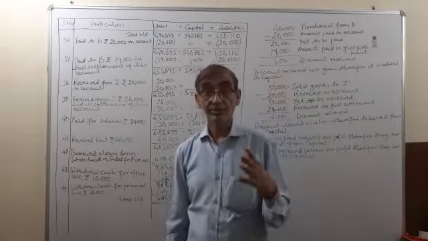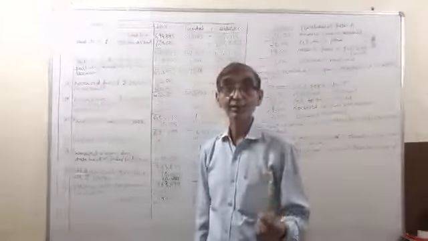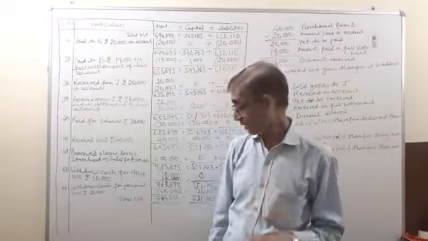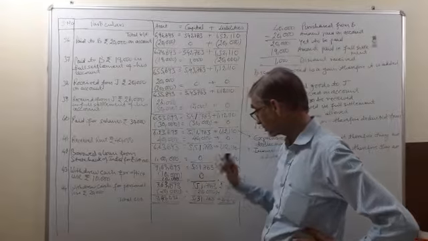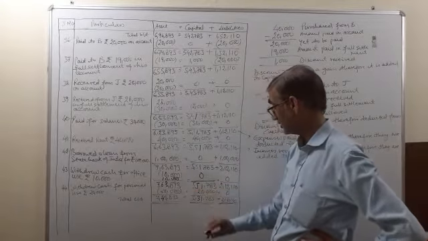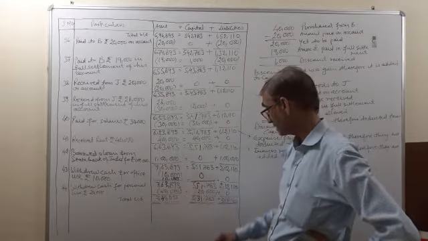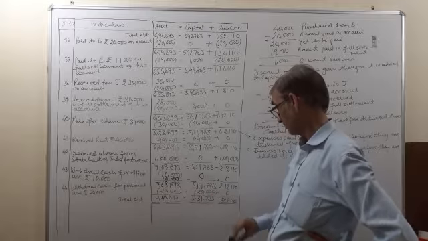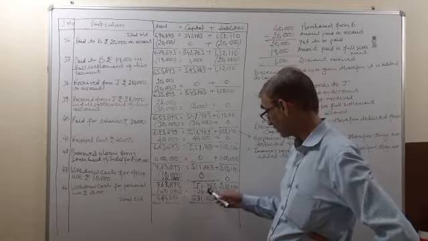This is our drawings. Drawings reduce our capital. So here 20,000 cash has been withdrawn. 20,000 will be subtracted from the assets, and 20,000 capital will also be reduced.